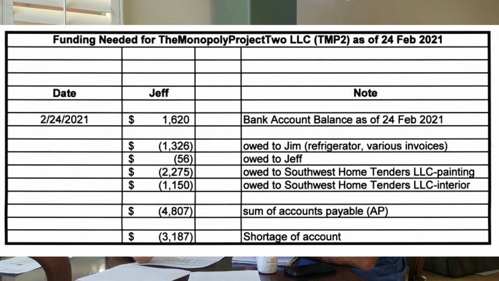And this last page is the accounts payable. There's $1,620 in the bank. The TMP2 partnership owes Jim $1326 for the refrigerator and various invoices at Home Depot. $56.00 to Jeff for keys and fasteners.